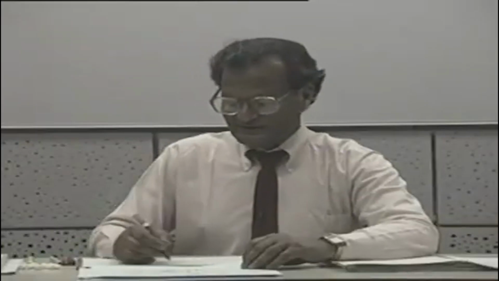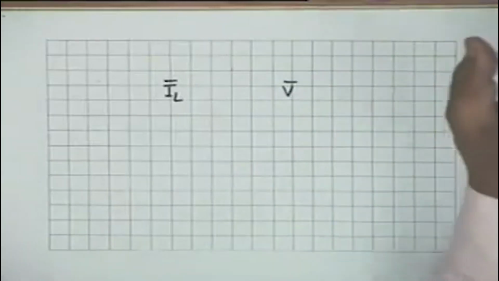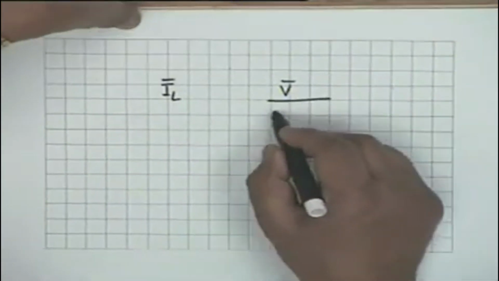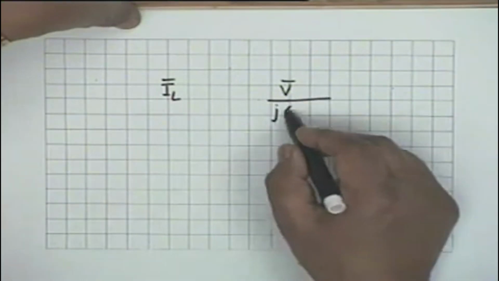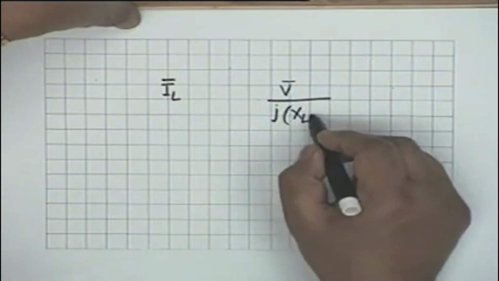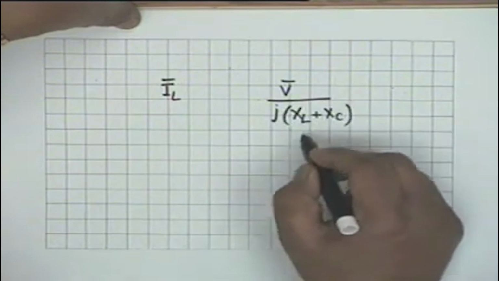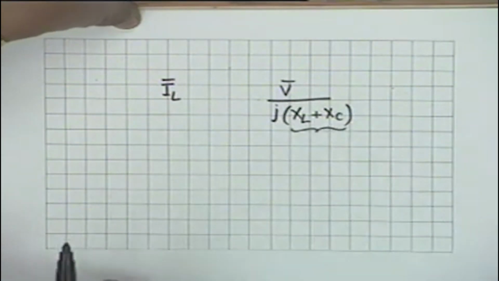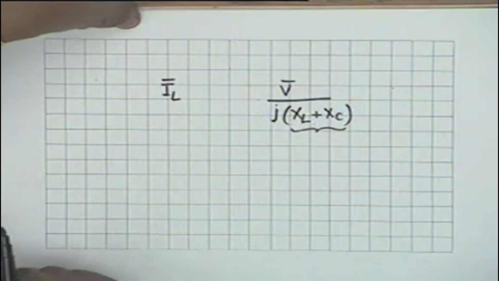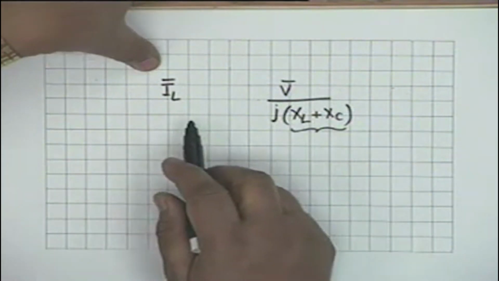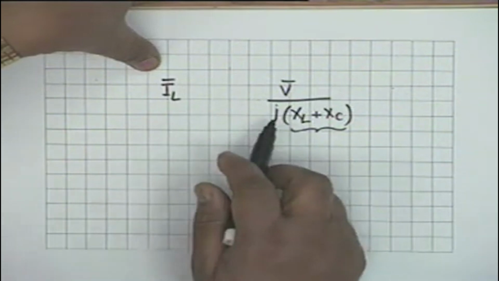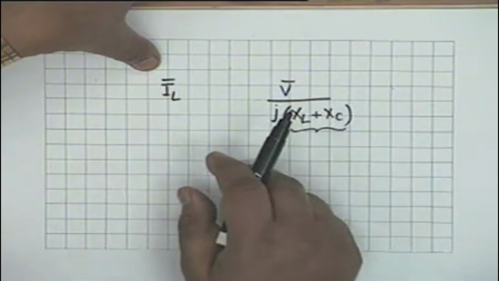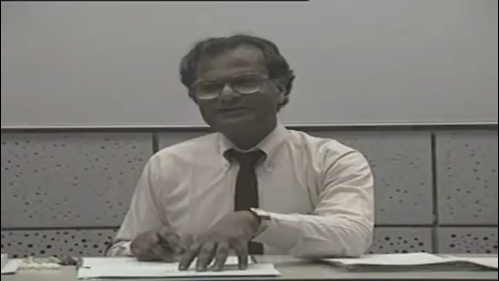V by j times XL plus XC, which can be either positive or negative. What does this mean? It means that the current may lag by 90 degrees or by 270 degrees. Isn't it right? Yes, 180 plus 90. We shall continue this next time.